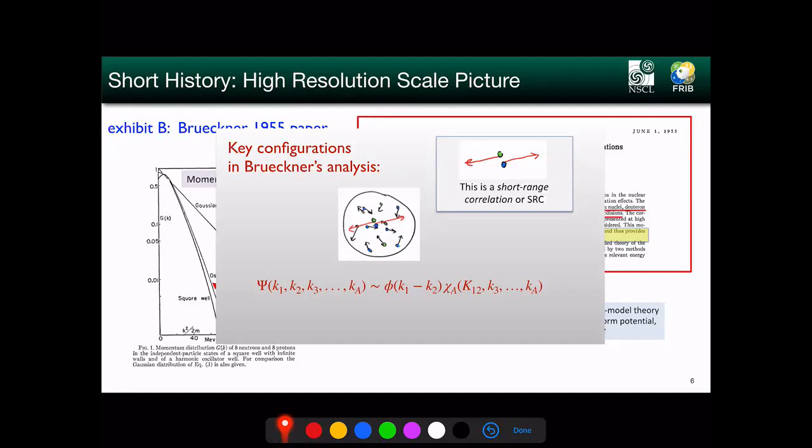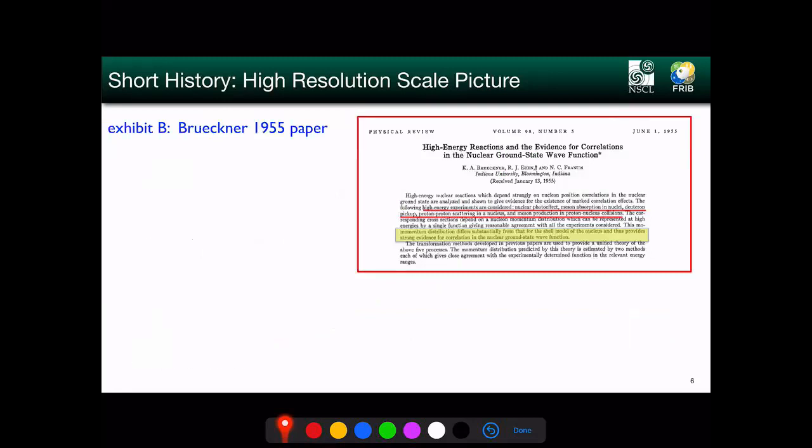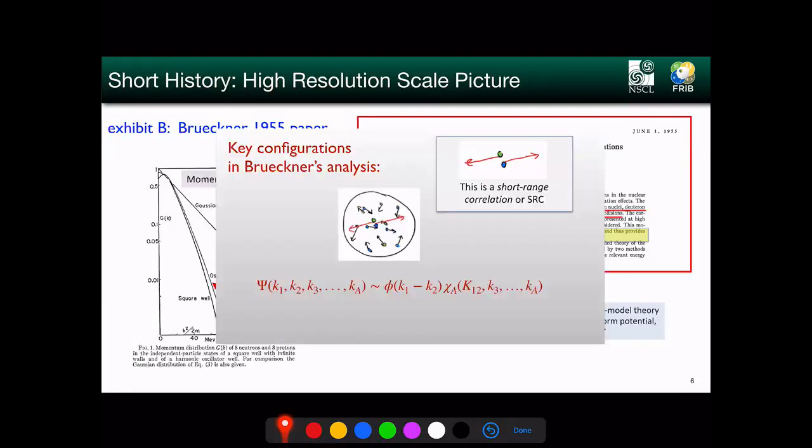And namely, the thing that really makes it go is when you have 2 nucleons which have been kicked up to relatively high relative momentum, small center of mass momentum. And in that limit, he argued, just using physical grounds, that the many-body wave function, oops, sorry, I'm using my iPad, which I'm not used to.